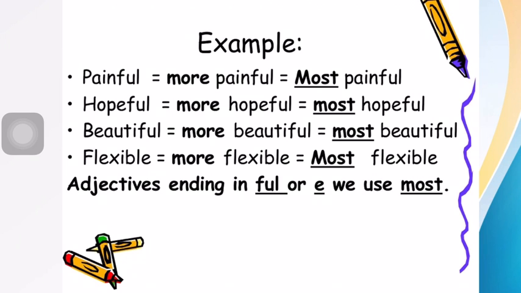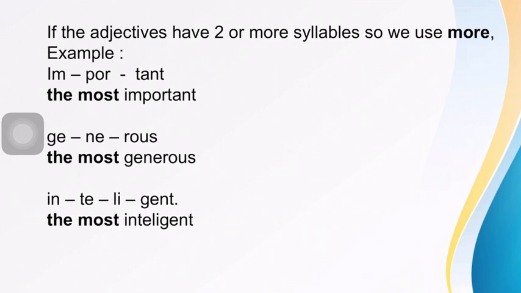Flexible becomes more flexible, in superlative becomes most flexible. The adjective ending in ful or e, we use the most. If the adjective has 2 or more syllables, we use most.